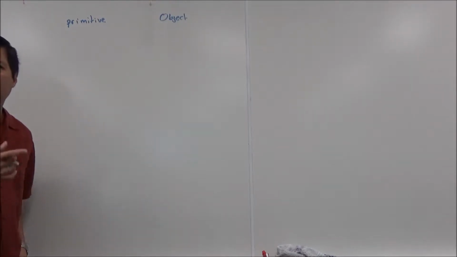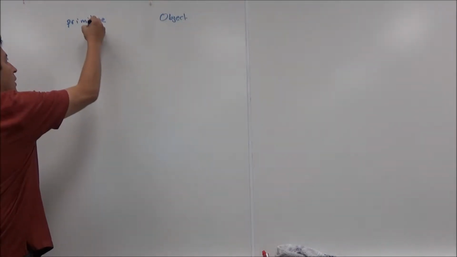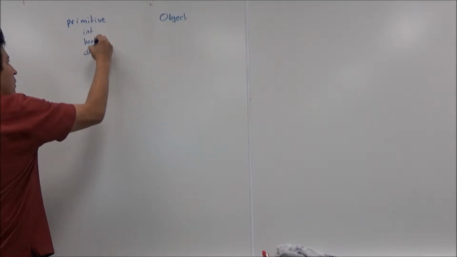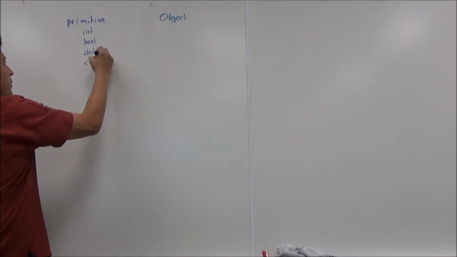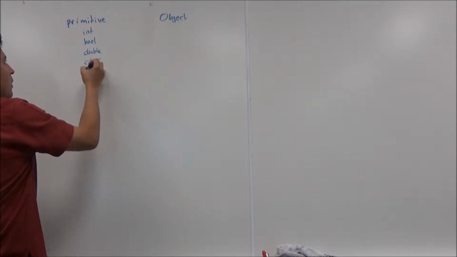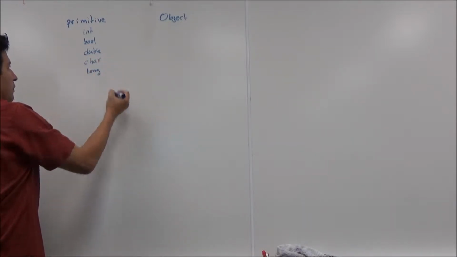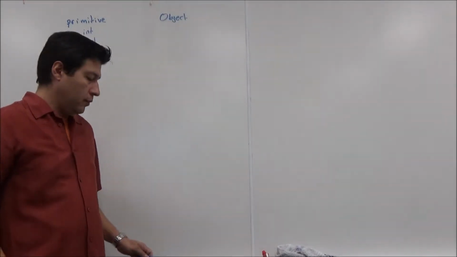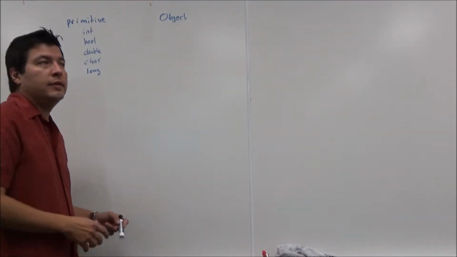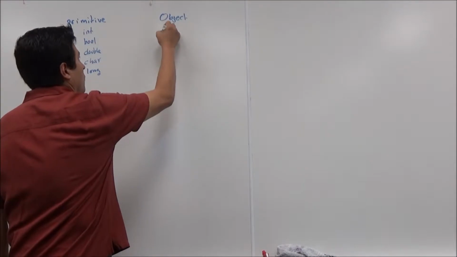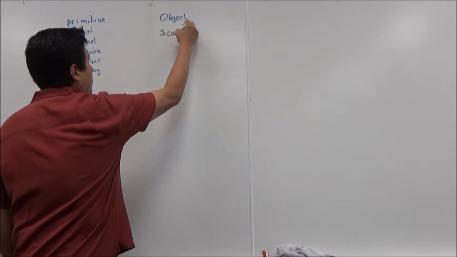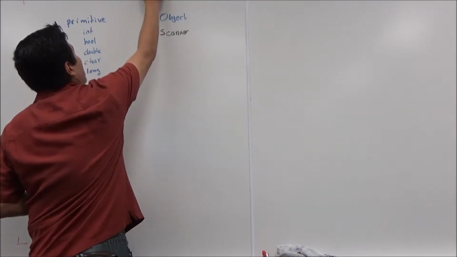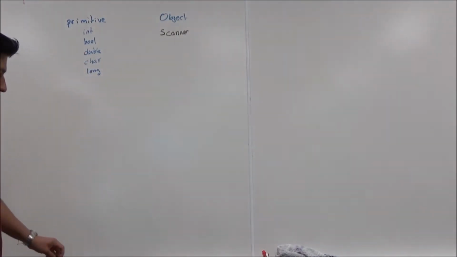Inside the primitives we have the int, booleans, the double, the characters, single characters, and long, and in the objects we have everything else. We started using one class, the Scanner, right? I'm going to keep repeating this all the time until you memorize it.